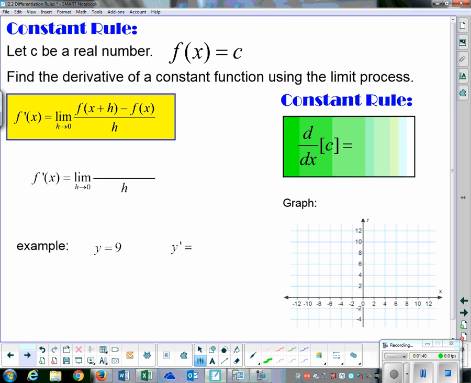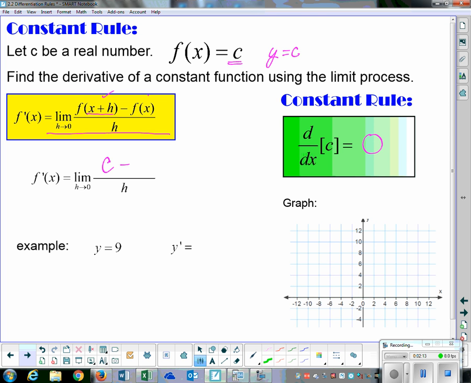The constant rule. So if I'm going to take the derivative of a constant, like f of x equals c or y equals c, the derivative of that would be 0. I can prove that if I use the limit definition for derivative, and plug in x plus h everywhere I see an x, but wait a minute, there is no x, so this will just be the function c when I evaluate the function at x plus h.